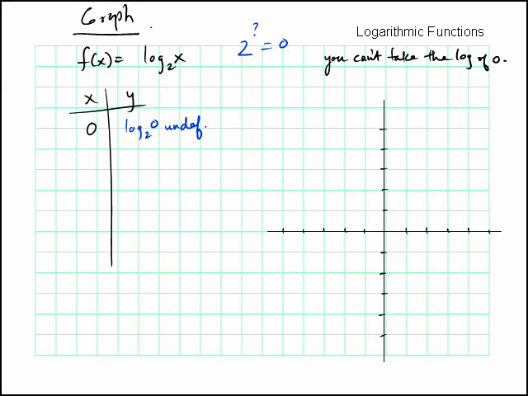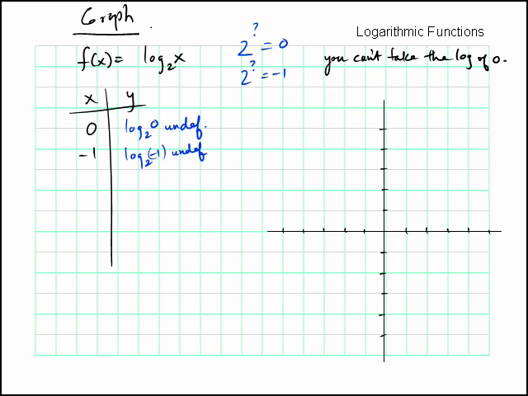As a matter of fact, if I tried negative numbers as well, for instance negative 1, I can't take the log base 2 of negative 1 either, because 2 to what power would give me negative 1? There's no exponent that's going to do that, and so this is also undefined.